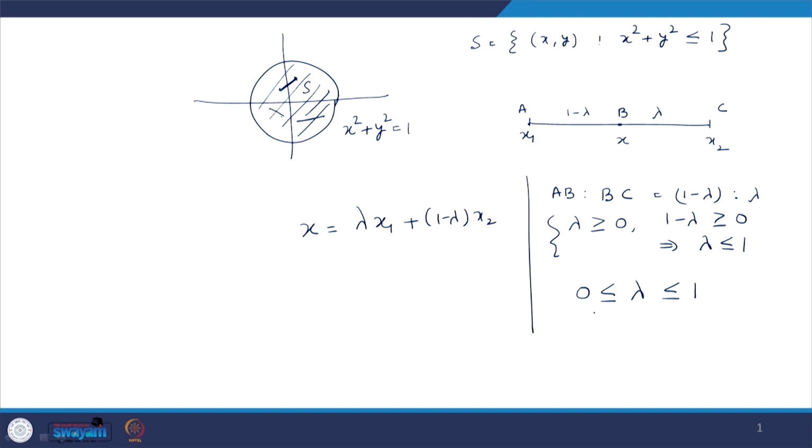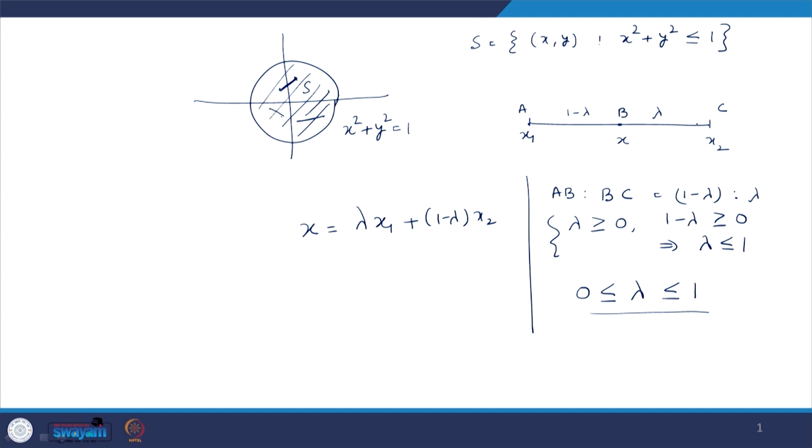Lambda varies between 0 and 1. You take any lambda between 0 and 1, this x will move in between x1 and x2. You take lambda equal to half, it will give the midpoint. You take lambda equal to 2 by 3, then this will be some point over here. In this way, x will move along this line segment between x1 and x2.